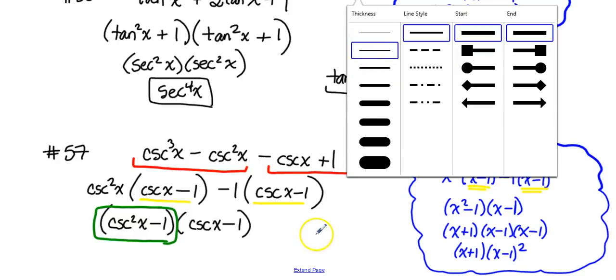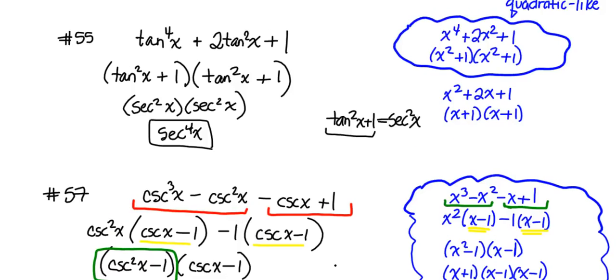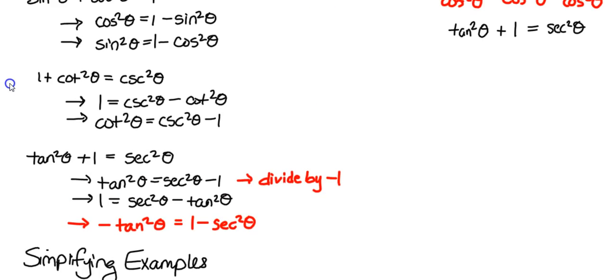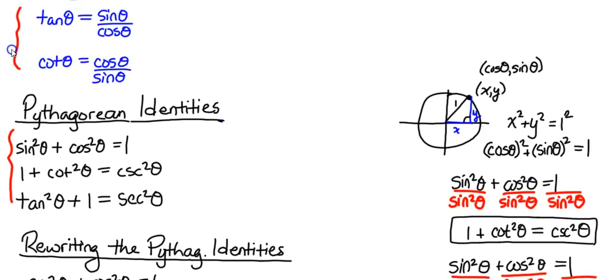My hope is that your attention is drawn to the identity that says 1 plus cotangent squared is cosecant squared.